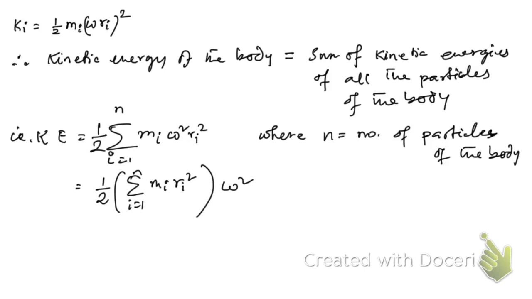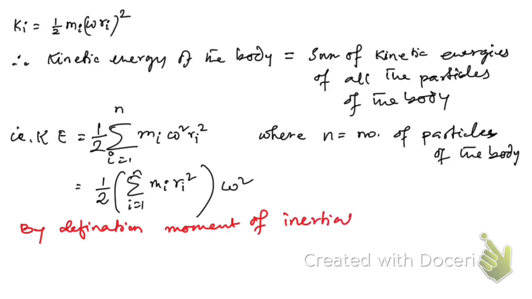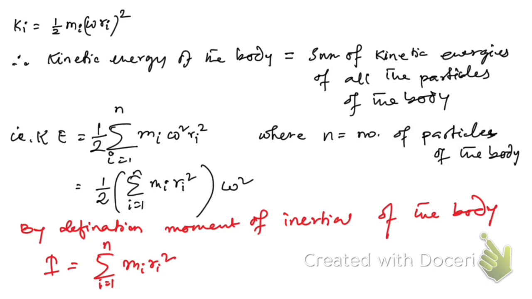Okay, so by definition, the moment of inertia of the body I is equal to summation i equal to 1 to n mi ri square.